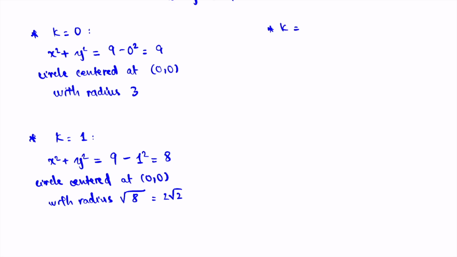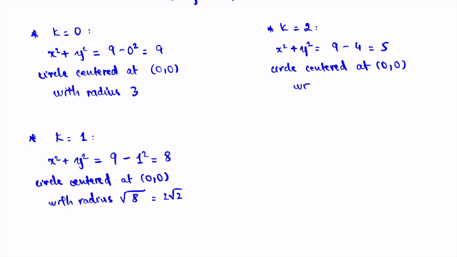When k is equal to 2, you have x squared plus y squared equal to 9 minus 4, equal to 5. So this is a circle centered at the origin with radius square root of 5.